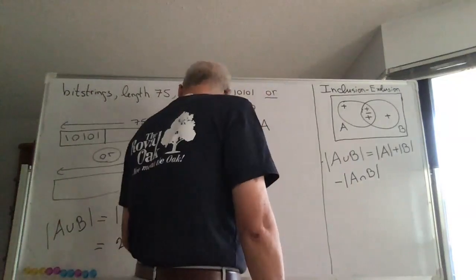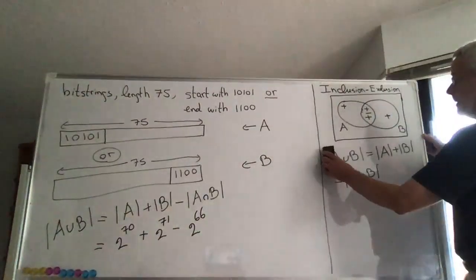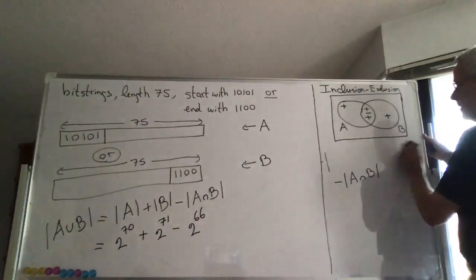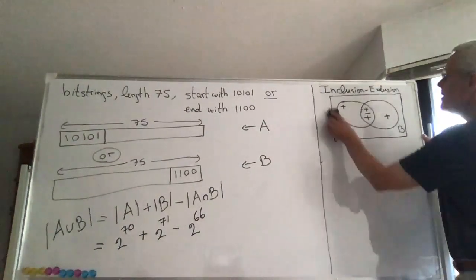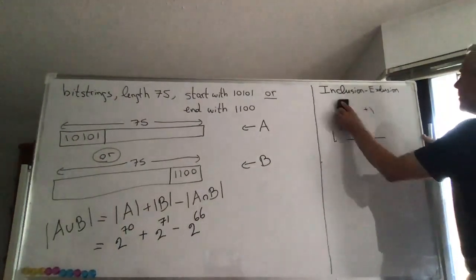Now, we can do the same thing for 3 sets. So let's do this. I'm going to draw a Venn diagram again.